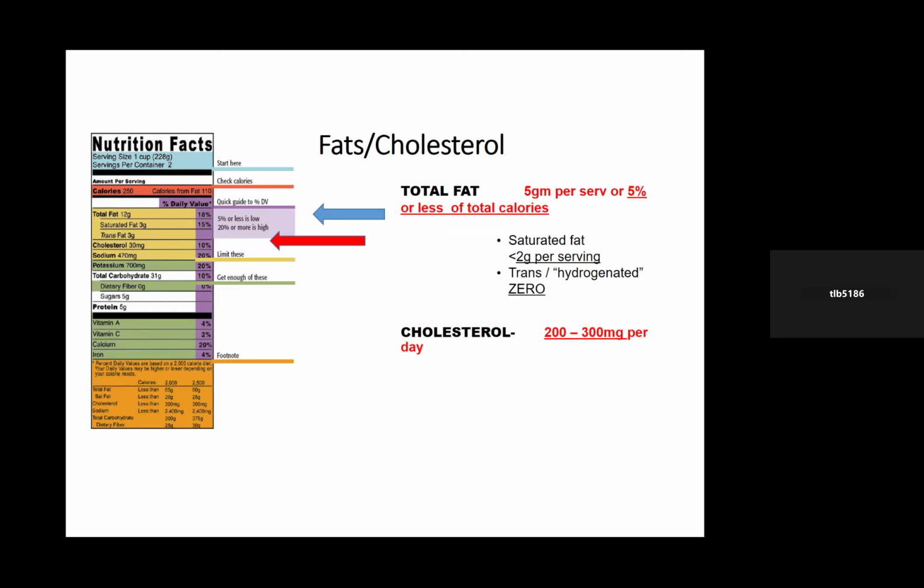So the limit on our cholesterol should be no more than 200 to 300 milligrams per day. We want to keep our fat, as we said earlier, at 5 grams. And we want to avoid saturated fats and trans fats and hydrogenated oils.